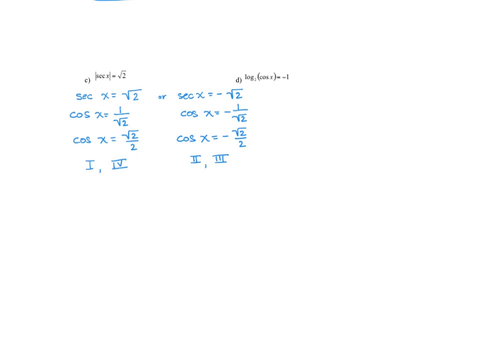If the cosine of x is plus or minus rad 2 over 2, my alpha is pi over 4. So in quadrant 1, x is equal to pi over 4. In quadrant 4, x is equal to 7 pi over 4. And from the other side, cosine of x is equal to negative rad 2 over 2 in quadrant 2 at 3 pi over 4, and in quadrant 3 at 5 pi over 4.